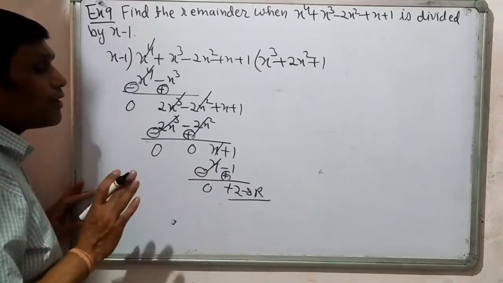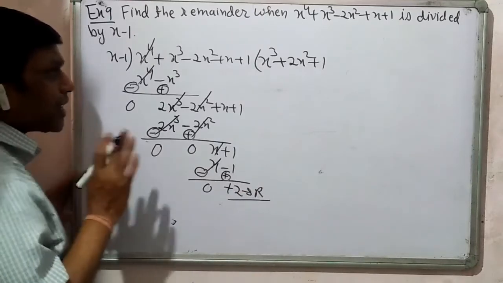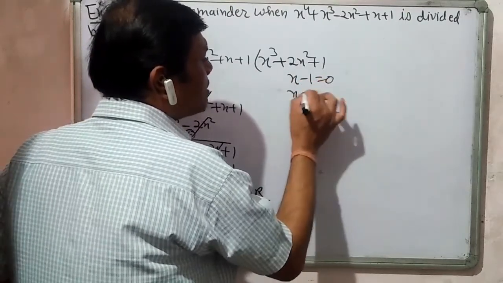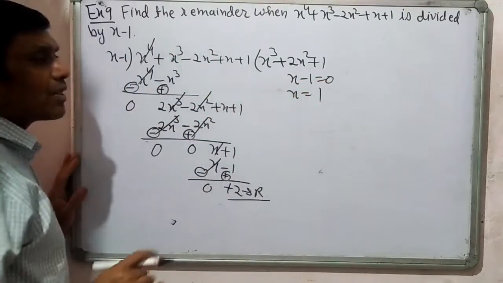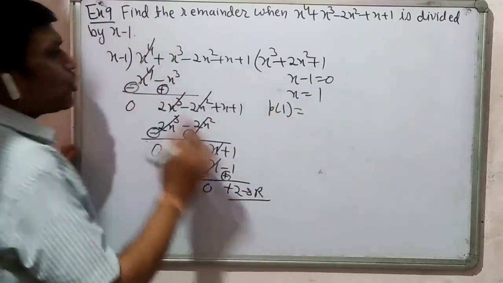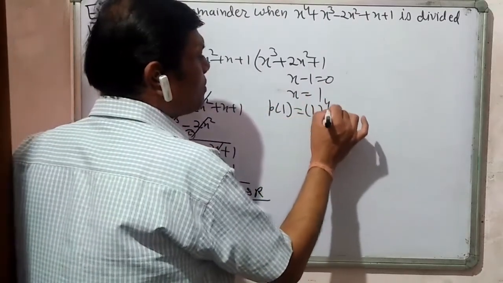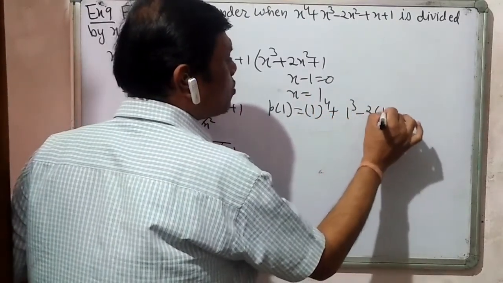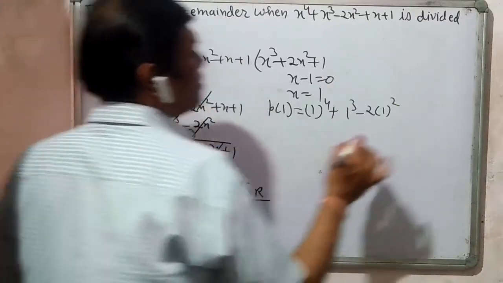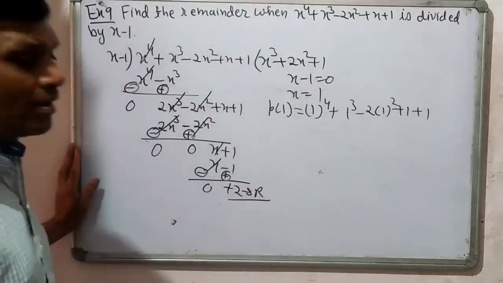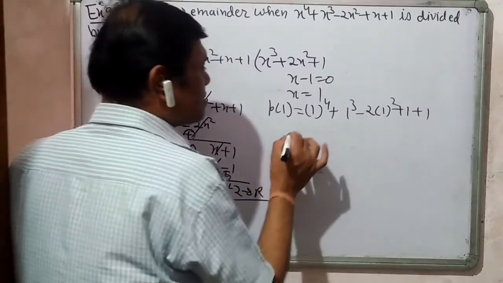Right? You want to check it by remainder theorem? We have x minus 1 put to 0 gives us x equals 1. Let us find P(1). It should be 1 raised to power 4 plus 1 cube minus 2 into 1 square plus 1 plus 1. Check out how much it gives.